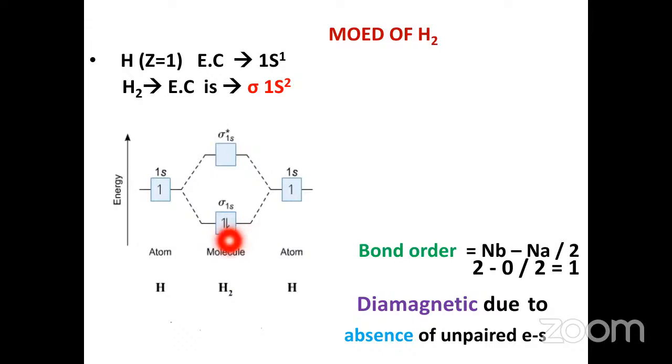The electrons are totally paired. Diamagnetic means the orbitals are filled with paired-up electrons, and such atoms or molecules exhibit diamagnetism. So this orbital is filled with these 2 electrons. That is the reason it exhibits the diamagnetic nature.